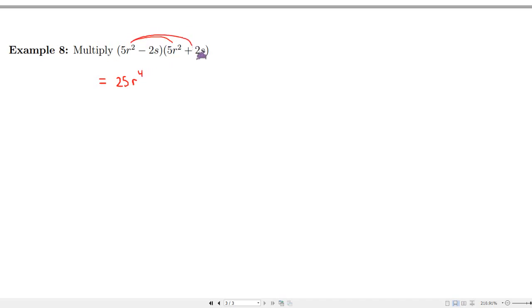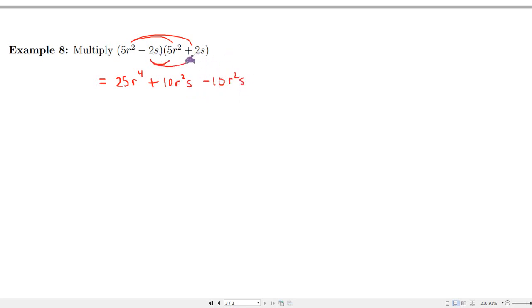And the outside, we will have plus 10, r squared s. And then the inside, we will have minus 10, and we also have r squared s. If you write s r squared, that's still going to be the same term. I'm just writing it so it's consistent.